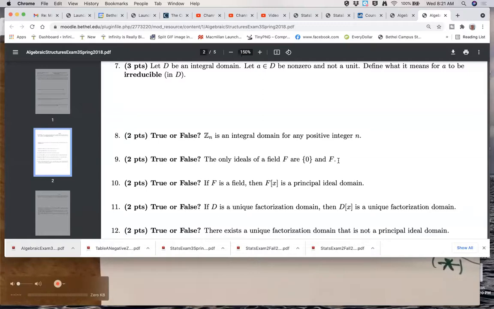The fact that we talked about is that if the unity 1 is in an ideal of a field, then in fact that ideal is the entire field. If 1 is in the ideal. I also said if the ideal in a field contains a unit, it must be the entire field.